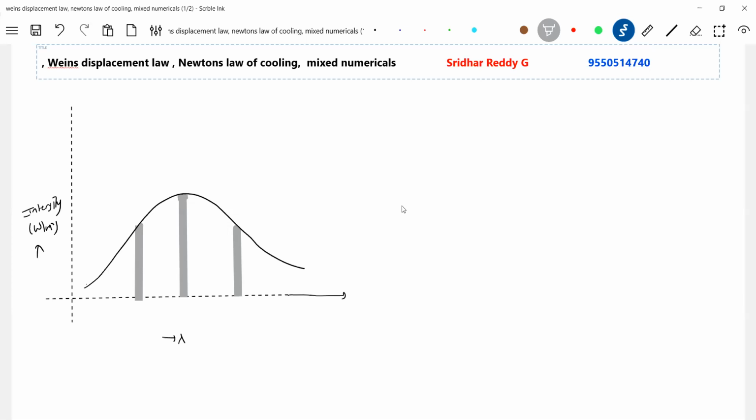Let T be the temperature of the body. Then the energy in this region, let it be delta U1. The energy in this be delta U2, delta U3. Let the difference in wavelength be the same.